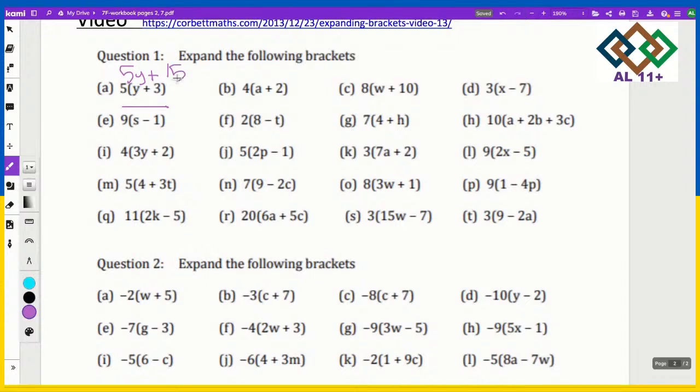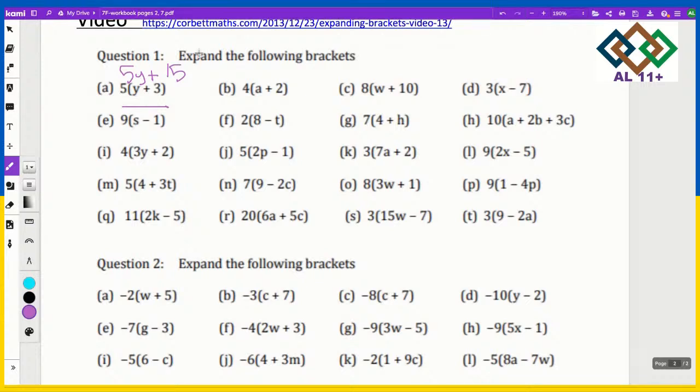So it'll be 5y plus 15. It is so easy. Just open the brackets, which means just multiply the outer number by the inner one, and then you will get your answer. So if you guys are ready, we can move on to number B now.